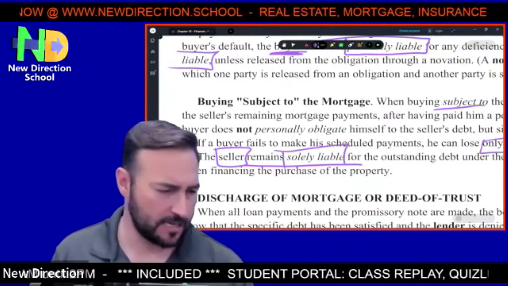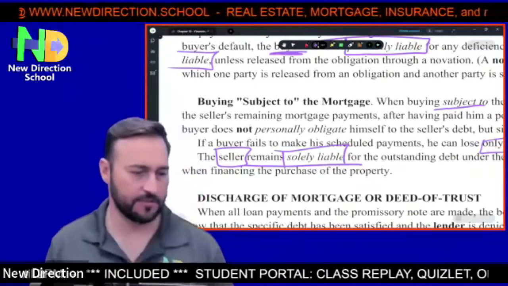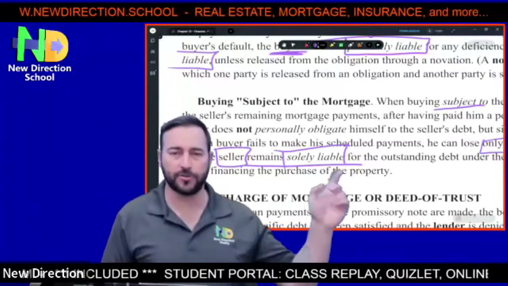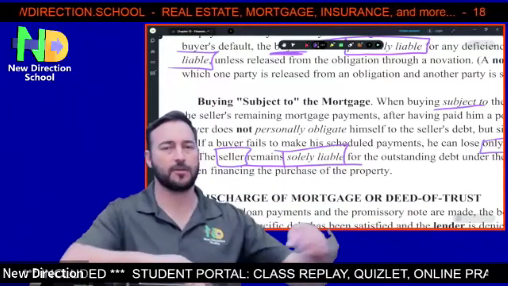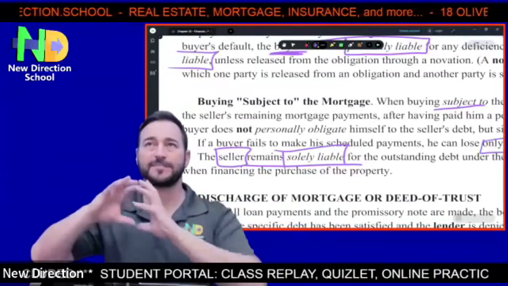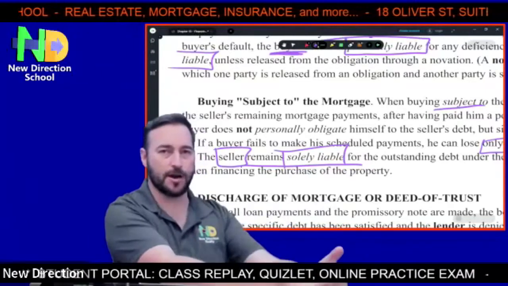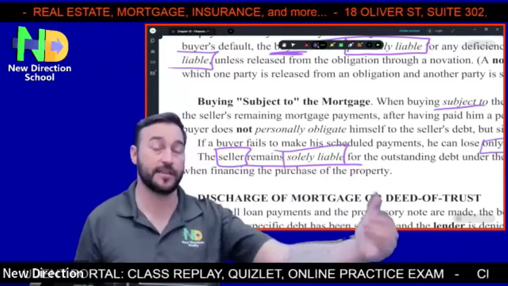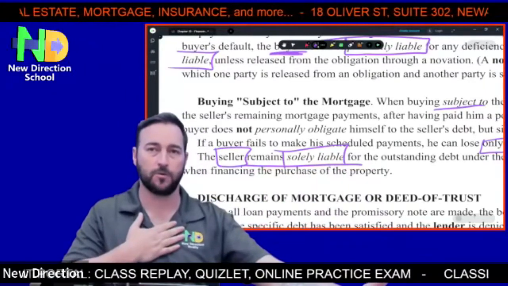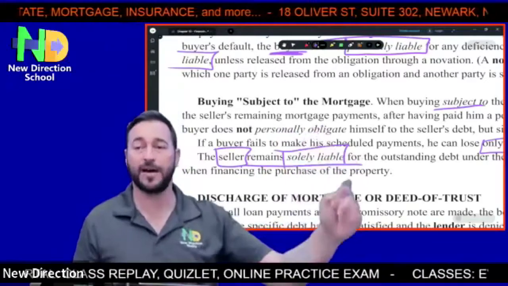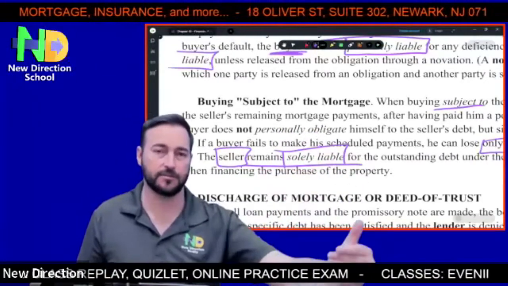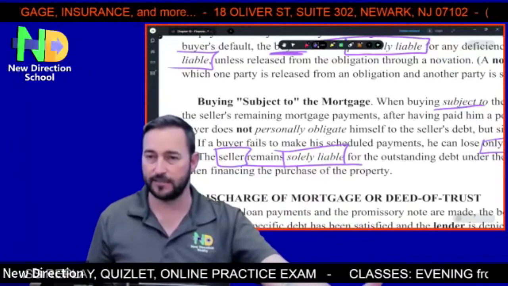All right. Milton's asking about the title. What happens in both of these is a transfer. Again, we're talking about the mortgage itself. In any of these, I sold the property, so the title is under Randy's name, not under my name. Whether it's assuming or buying subject to, the deed is under Randy's name.